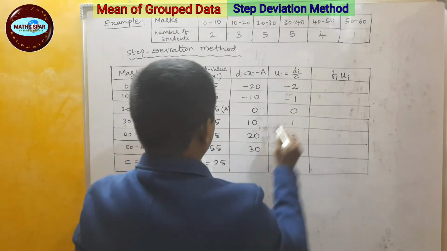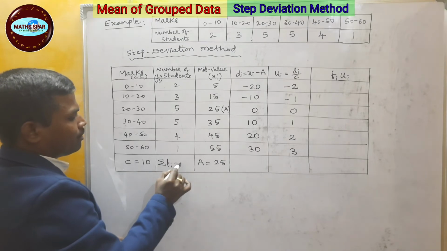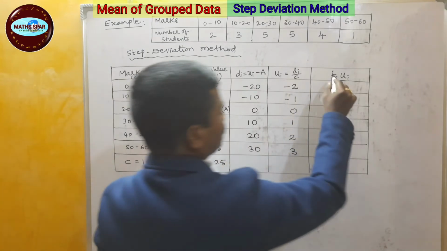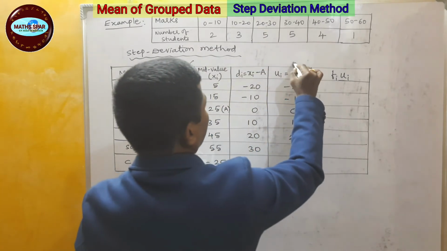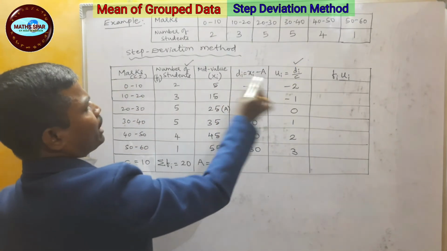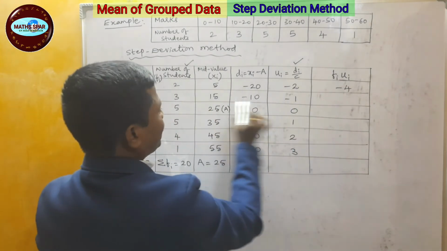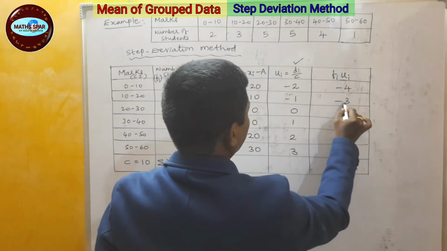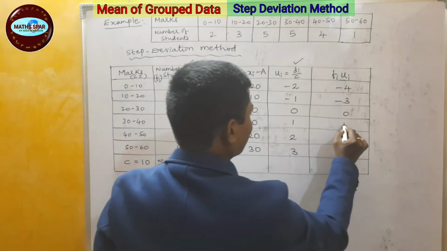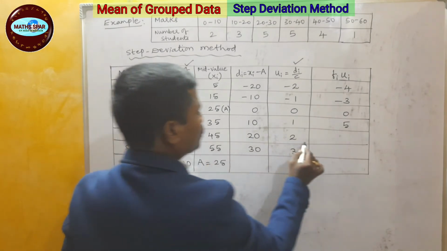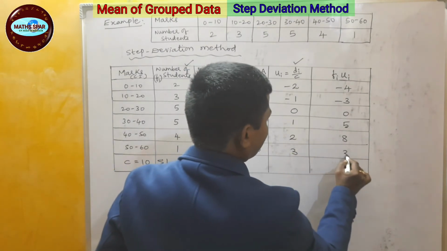So here, first let us write sigma fi, which is 20, then fi ui. Strictly look at only these two columns, fi and ui. 2 into minus 2 is minus 4, 3 into minus 1 is minus 3, 5 into 0 is 0, 5 into 1 is 5, 4 into 2 is 8, 1 into 3 is 3.